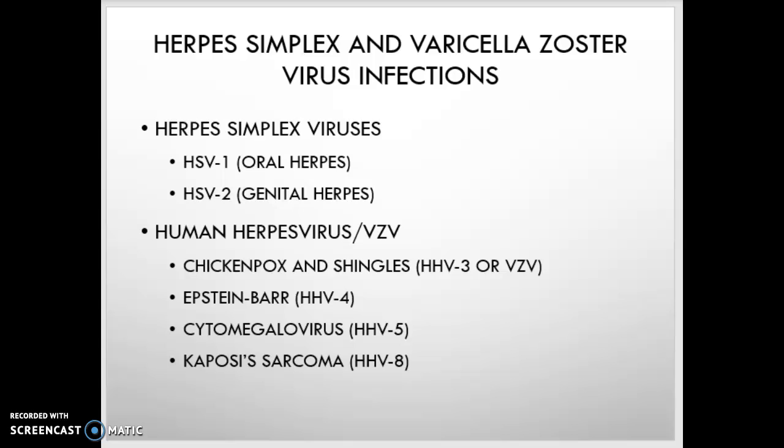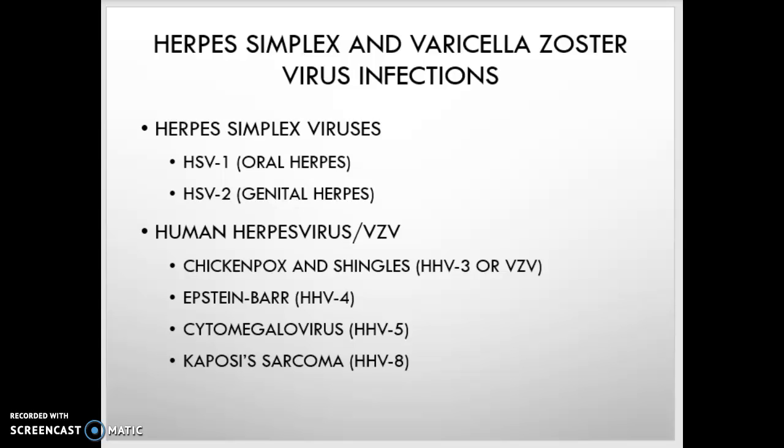So painful, in fact, that this is one of the times that we may see opioids prescribed, even in our geriatric population. We also will use topical application of things like capsaicin or lidocaine, which sometimes helps with the pain. We use the antivirals here to speed up the recovery and to promote remission, but they are most effective if they're started within 72 hours of symptom onset.